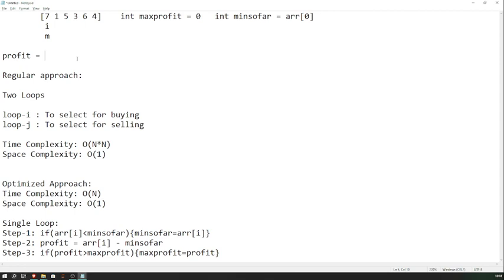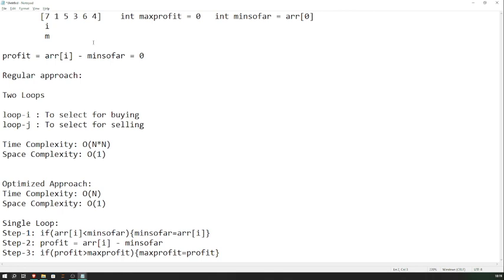How will profit be calculated? Profit is arr of i minus minimum so far. Now i is at the first place, so we check if arr of i is less than minimum so far. 7 is not less than 7, so minimum so far will remain 7. 7 minus 7, profit is 0. Max profit will not get updated.